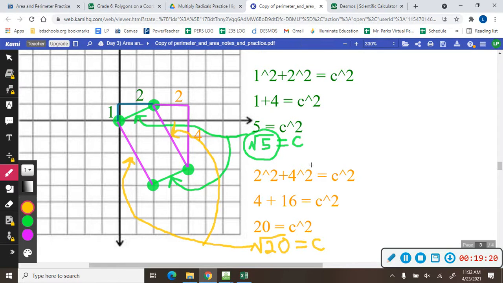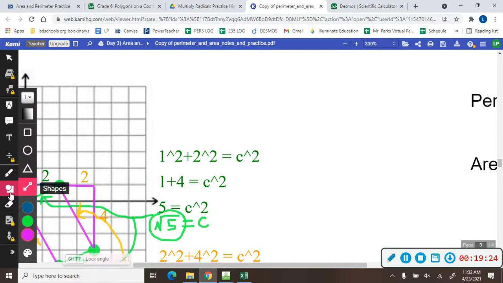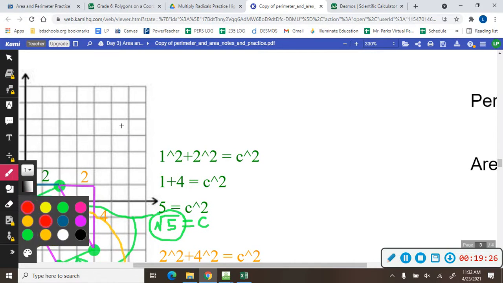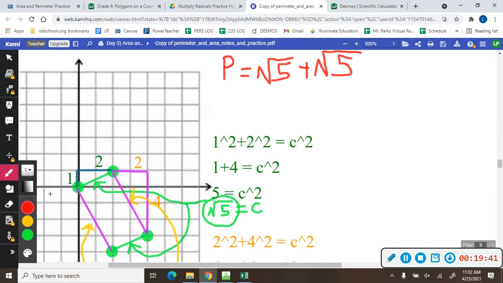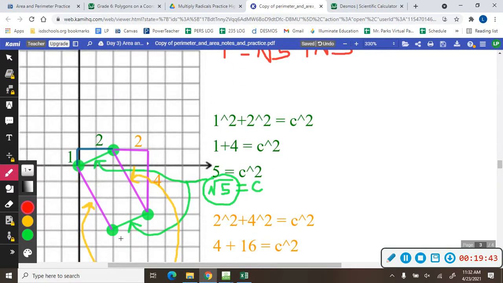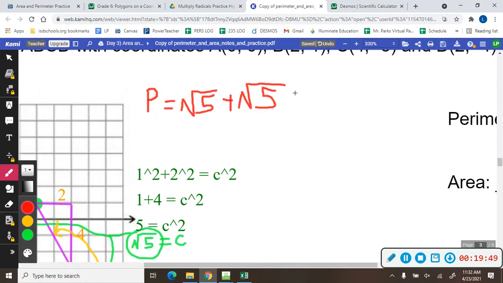And I'm not even going to try to write that out. I guess I can. So the perimeter is going to equal square root of 5 plus square root of 5 for these two, plus square root of 20, square root of 20.